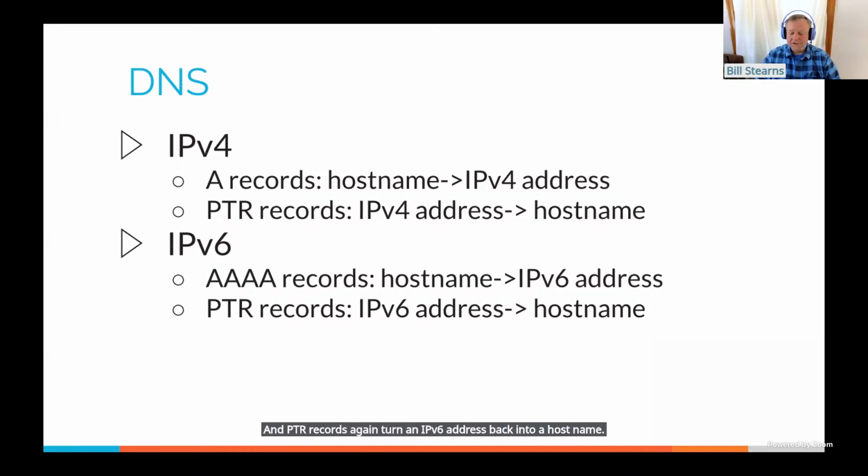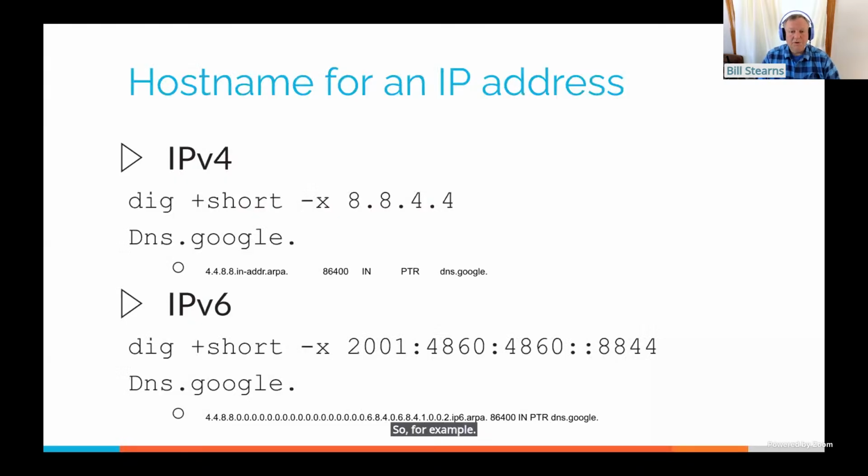So for example, if I want to turn an IPv4 address back into a host name, I can use the command dig +short -x. The -x says, treat this as an IP address and give me a host name.